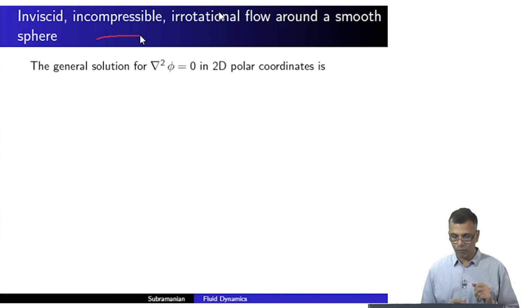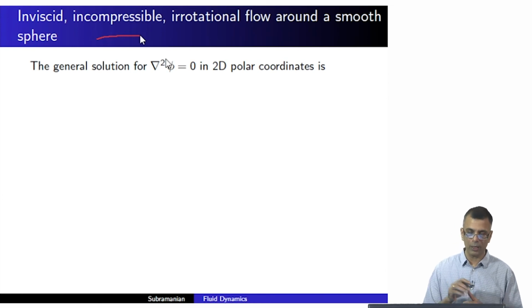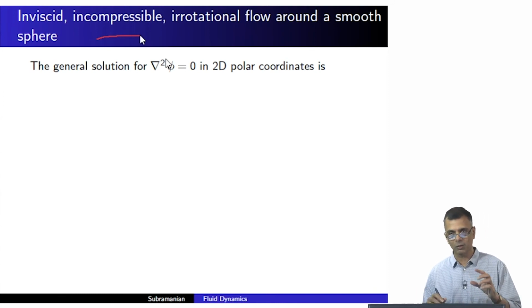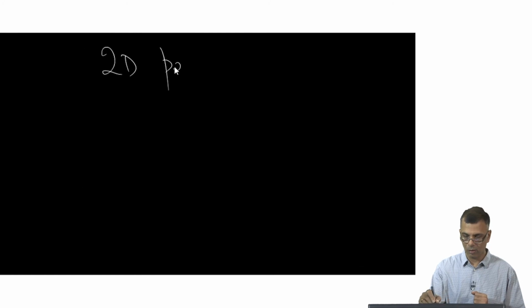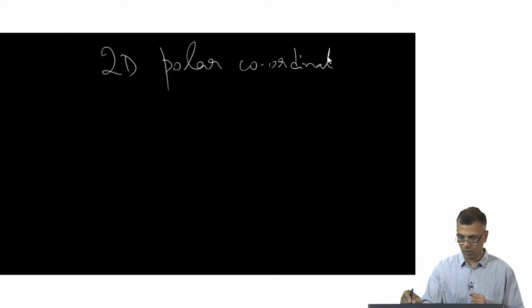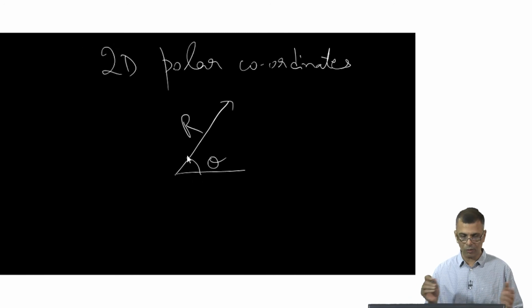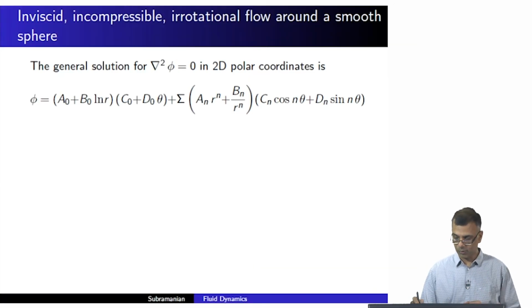Now, from mathematics, the general solution for del square phi, and remember phi is the velocity potential, in 2D polar coordinates, r and theta. These are the only two things that matter. This is the general solution; I'm simply writing this down. You can find this in many places.